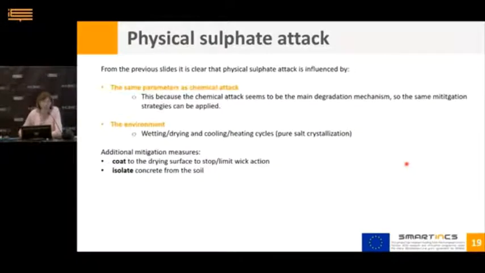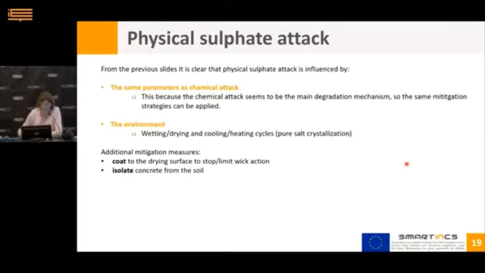And then, the parameters that can be looked at in order to mitigate the physical sulfate attack are in fact the same as we discussed with the chemical sulfate attack, because chemical sulfate attack is seen as the main degradation mechanism, so the same strategies can be applied also here.